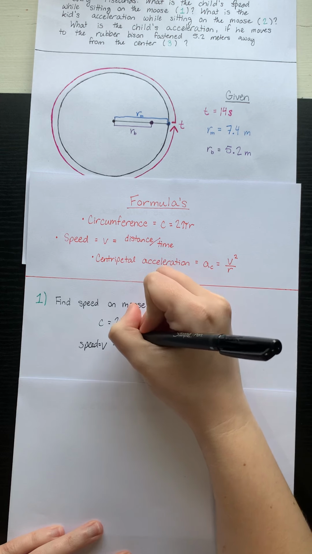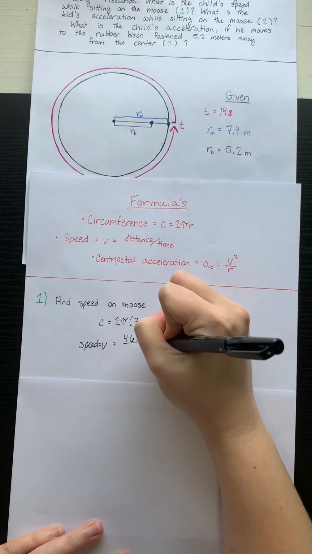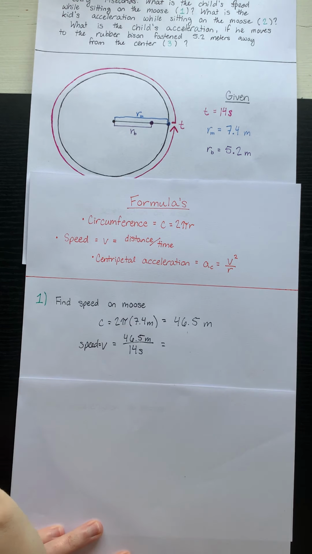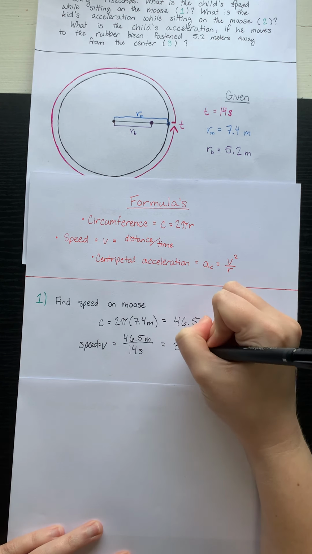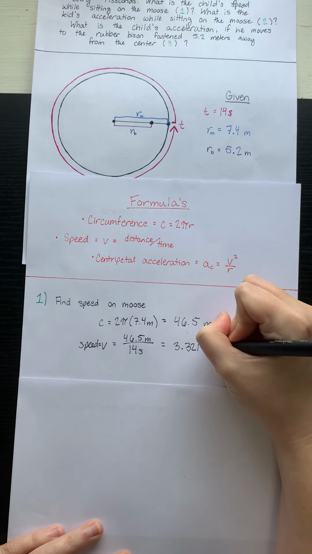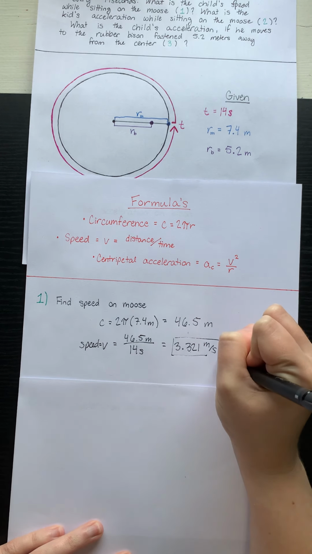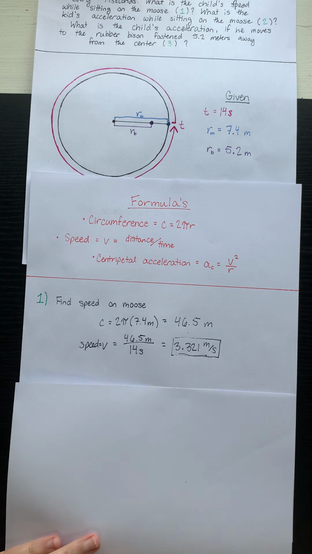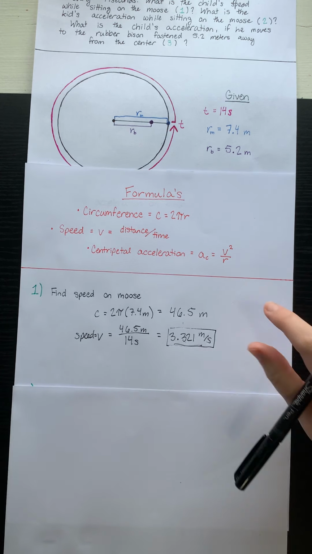So this is 46.5 meters over 14 seconds equals 3.321 meters per second. This is the time, or not the time, this is the velocity and speed of the kid sitting on the moose.